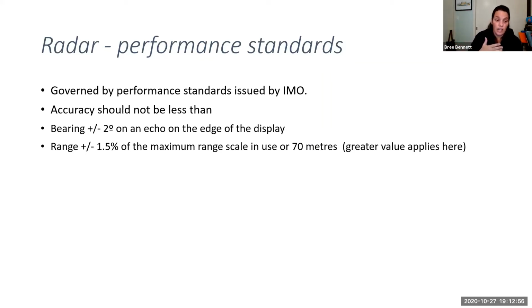I think all of the manufacturers out there uphold the IMO standards anyways, because they wouldn't want to sell one that doesn't, but maybe you get a really cheap one or something. I don't know. I'm just saying. Okay.